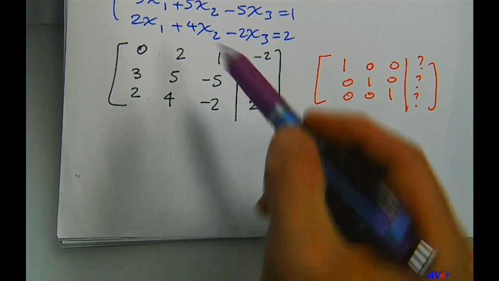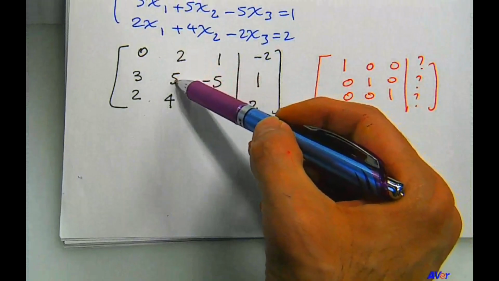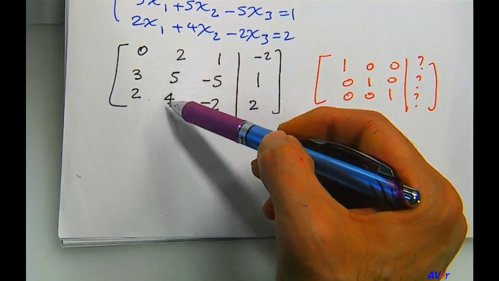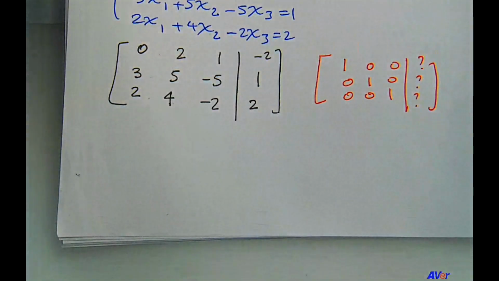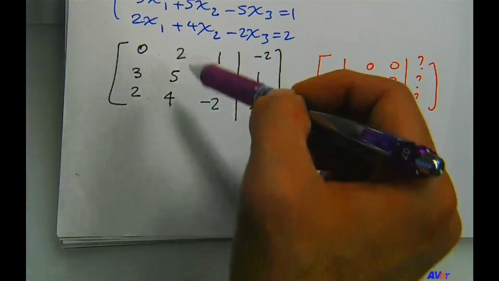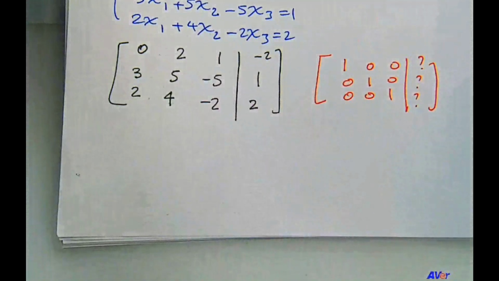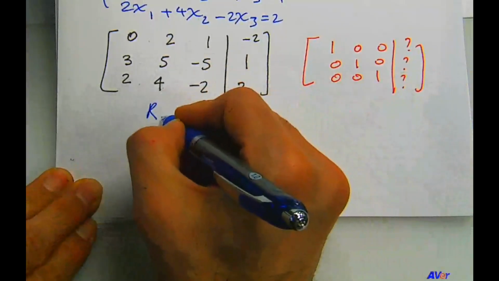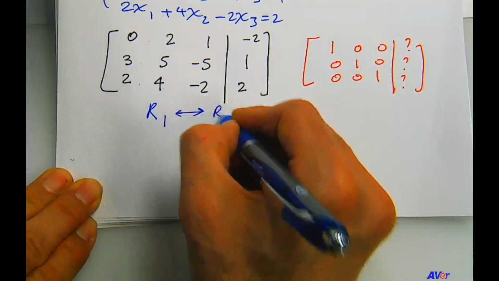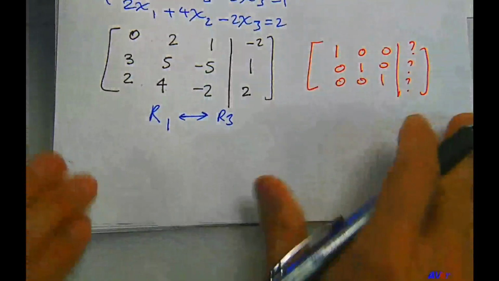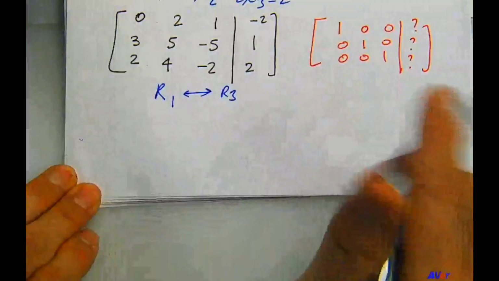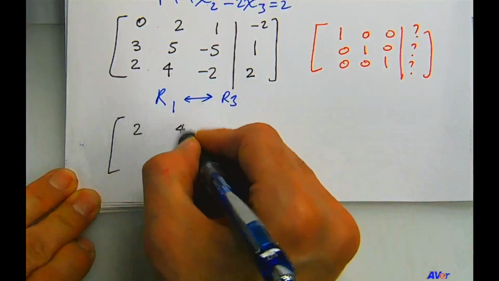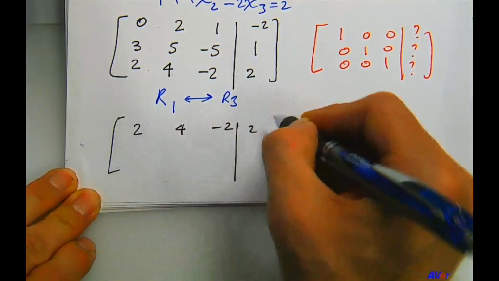So you can interchange row 1 with either row 2 or row 3, but it's better if you interchange it with row 3, because you're not going to get the fractions that you would get with row 2. So let's do that. We're going to interchange row 1 with row 3. As a result, we're going to get this. We're going to get 2, 4, negative 2, and 2.